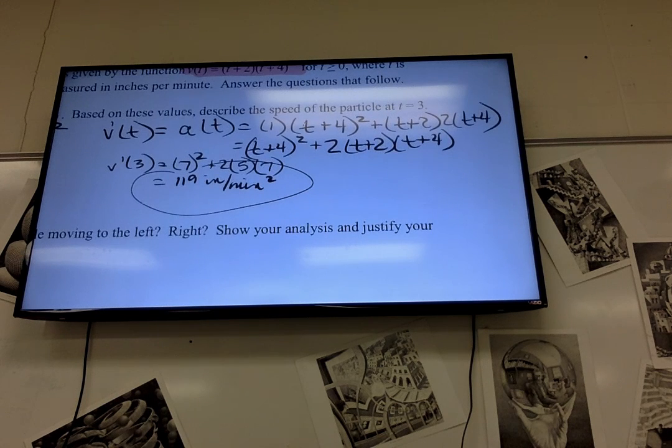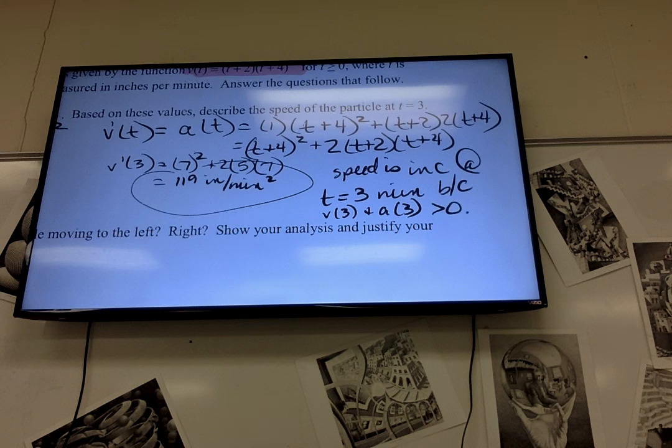Put that over here. Speed is increasing at t equals 3 minutes because v of 3 and a of 3 are greater than 0. Okay. Does that make sense?